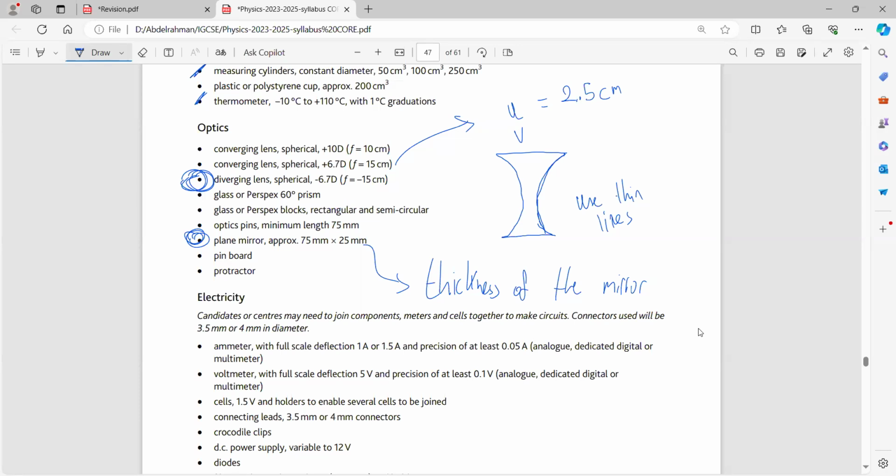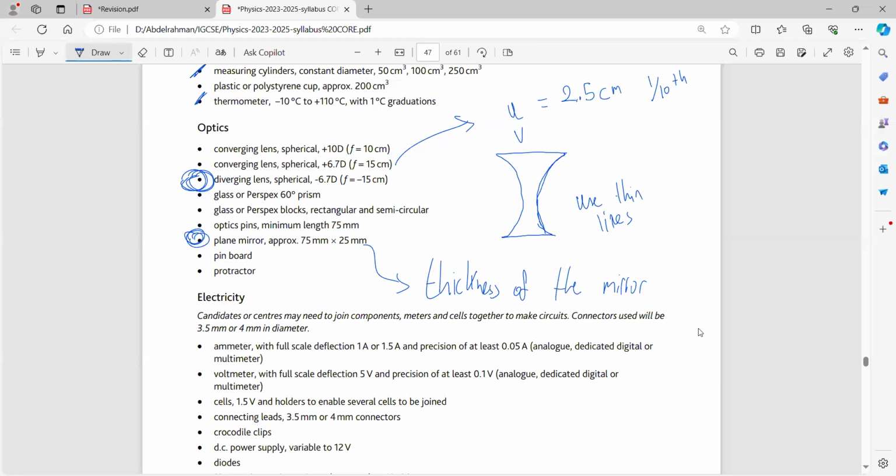Okay, 2.5 centimeters. For example, if he tells you that these measurements are all 1/10 the actual scale, what should you do?